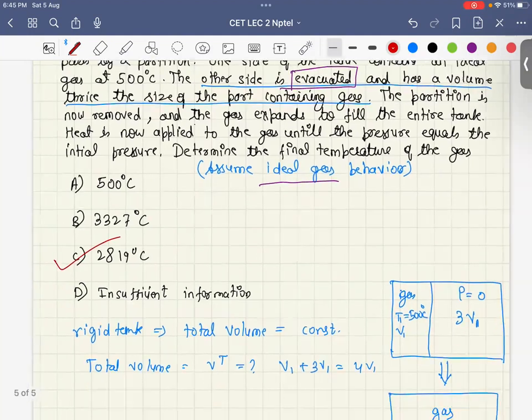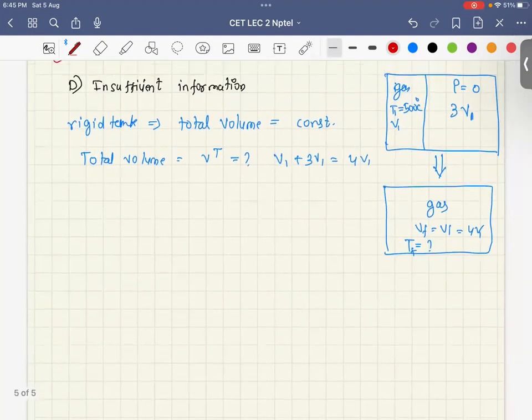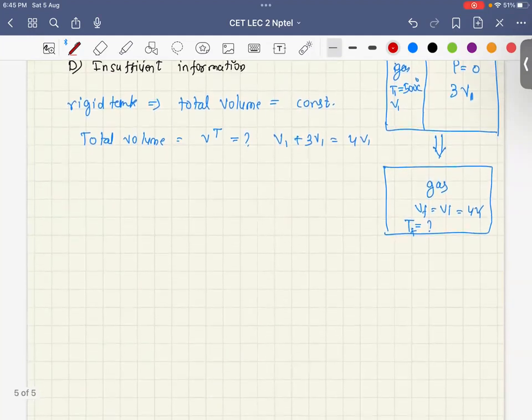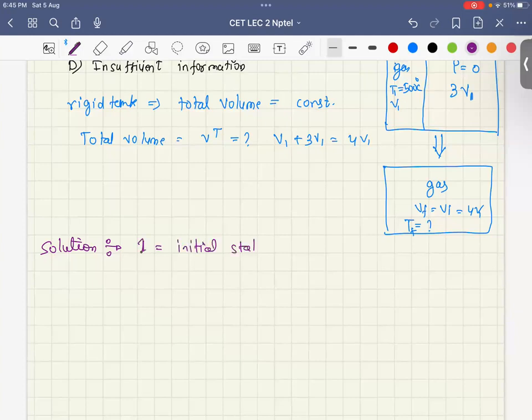So, for those who could not solve, let us try solving it. Let us say that subscript 1 denotes the initial state, that means this state, and subscript 2 denotes the final state, that means this state, right?